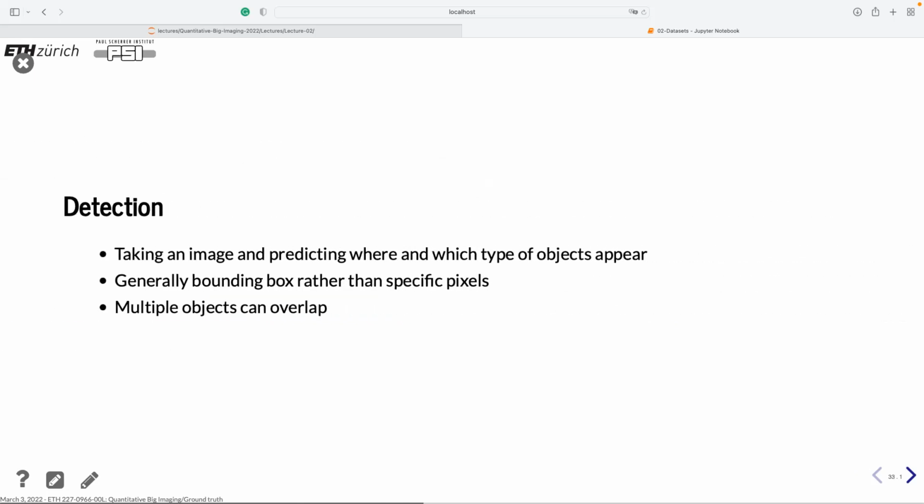Detection is to look at an image and predict where and which type of objects appear. It could even be very simple. If you have a car driving around in a movie, it's enough just to tell that you have the car within this box and it's moving. You don't have to tell the exact pixels where they are, but more that things are moving around and you can identify them.